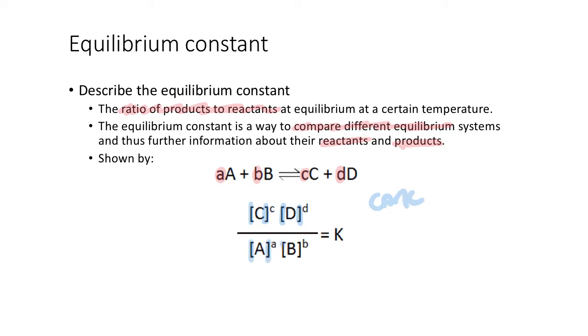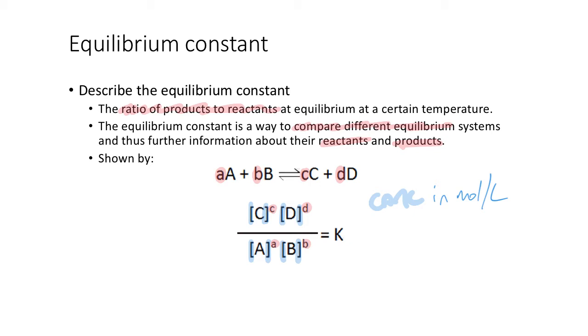We take the concentration of the products over the reactants in moles per liter, and then we apply the power of the coefficient to each concentration. Then we multiply all the products together, and the reactants together, product being the multiplication of.